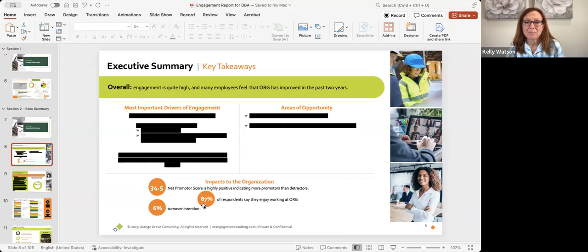We measured percent of respondents that enjoyed working at the org, because that was a question they requested we add. It was not a scale. So it didn't show up in any of our other work because we're very scale and literature driven, but they wanted it reported, so we reported it. And we also measured the outcome variable of turnover intention. So we reported that here.